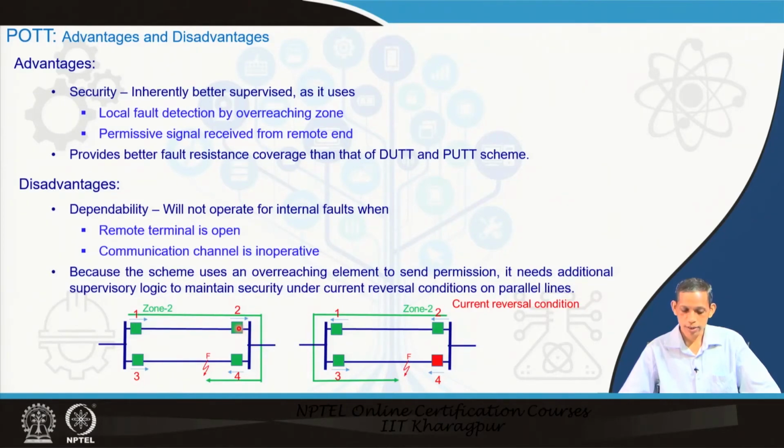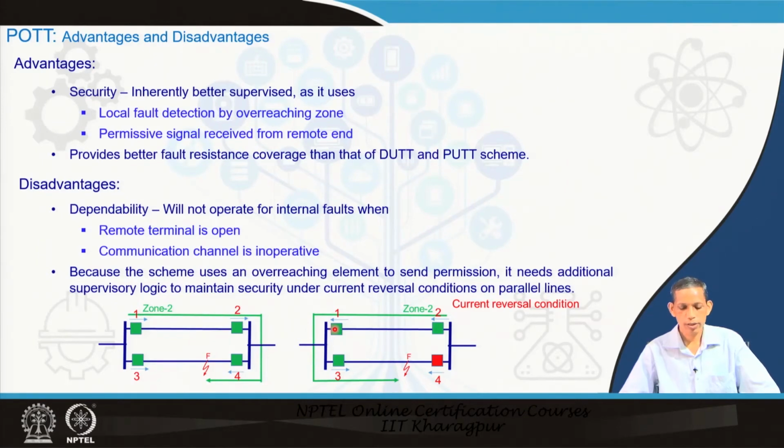But in this case, the relay associated with 2 will not have a local zone 2 signal, so it will not go for the trip decision; neither this will trip nor this will trip. But in this other case, this may see it in zone 2, but this will not see it in zone 2, agree?